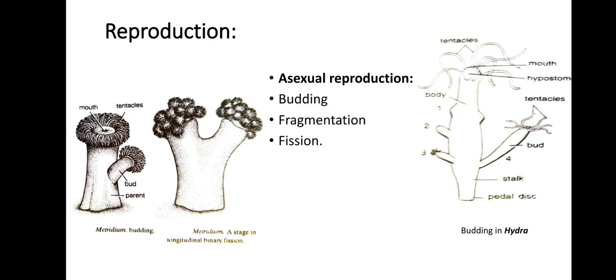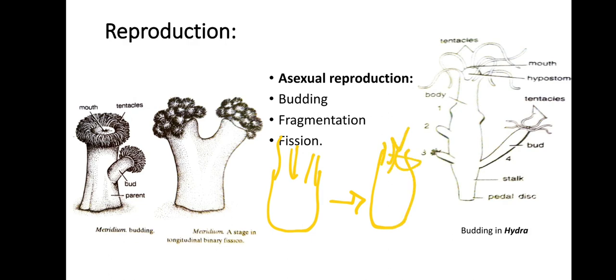Let me just try to draw it here. Let us say that here is this particular Metridium, and it is moving from here to here. It will leave a small portion of cells here, and a small portion here, and a small portion here, like this. Small portions are left.